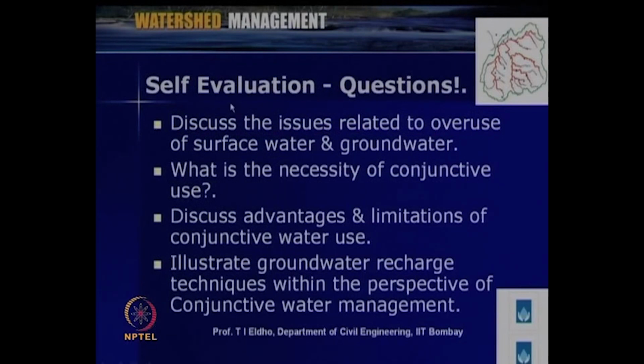Then a few self evaluation questions: discuss the issues related to the use of surface water and groundwater, what is the necessity of conjunctive use, discuss advantages and limitations of conjunctive water use, then illustrate groundwater recharge techniques within the perspective of conjunctive water management. Most of these related issues we have discussed in today's lecture.